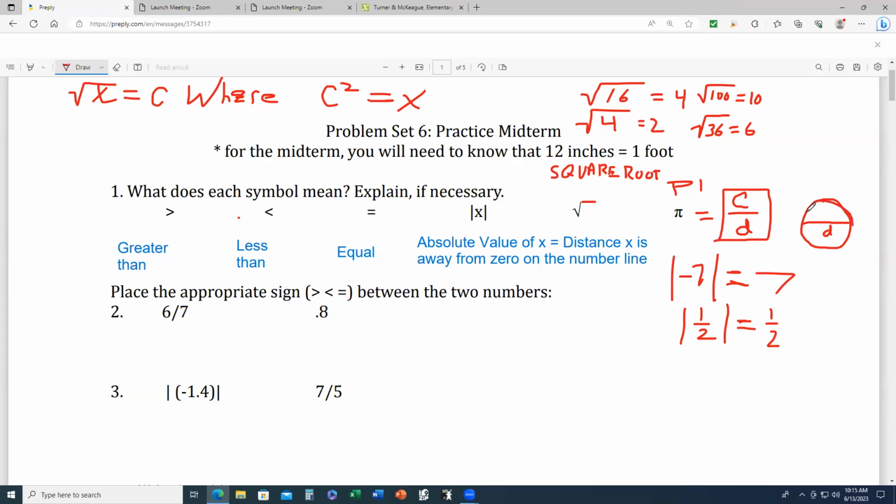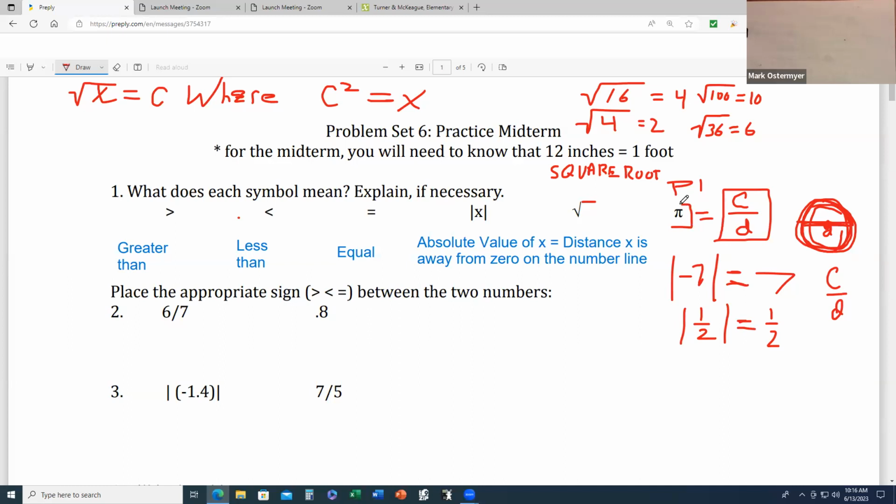I'm still at like 20% of my understanding. If you take the total distance around a circle, that's called the circumference. If you divide that by the diameter, the length of the longest chord that you can put in a circle that contains the center, you always get pi.